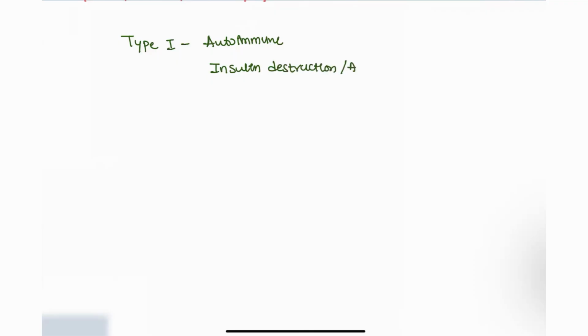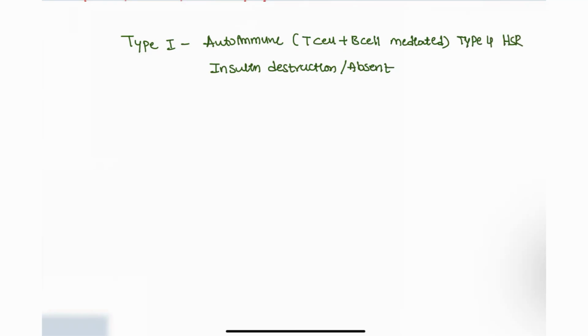We can simply say there is complete absence of the pancreatic tissue. And what is the most common autoimmune mechanism here? T cell plus B cell mediated, and this is a type 4 hypersensitivity reaction.